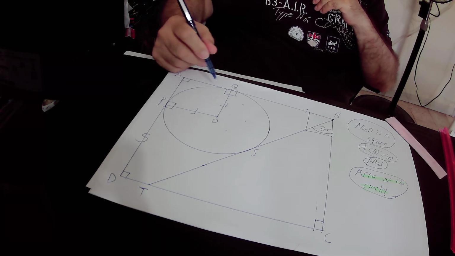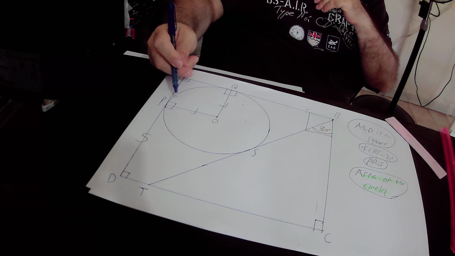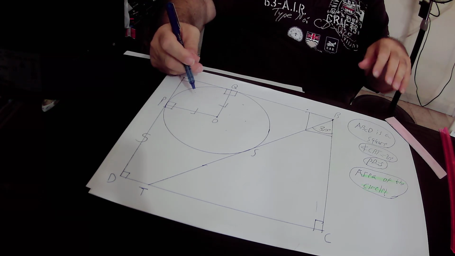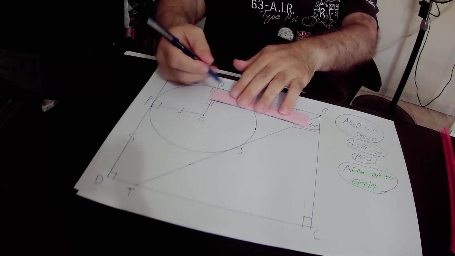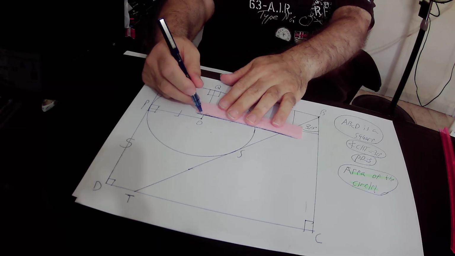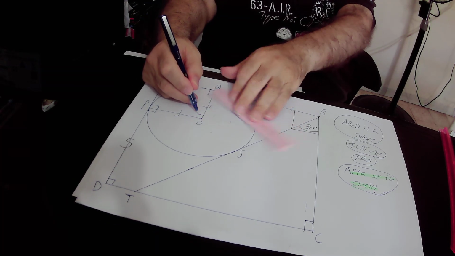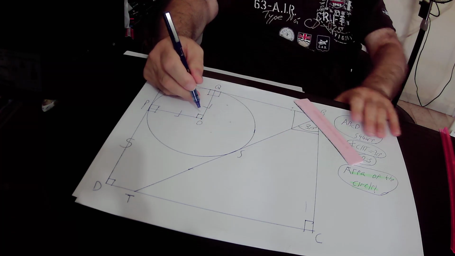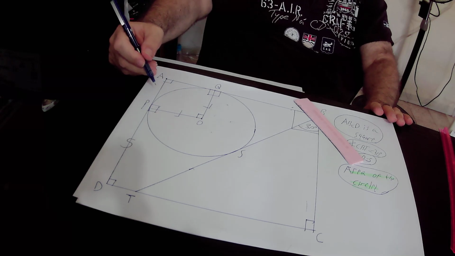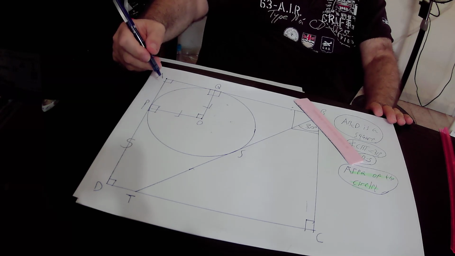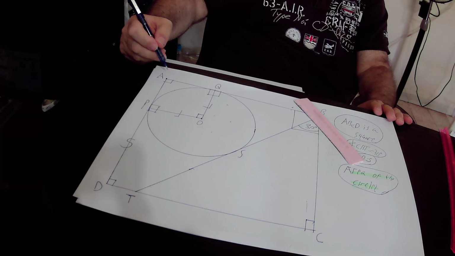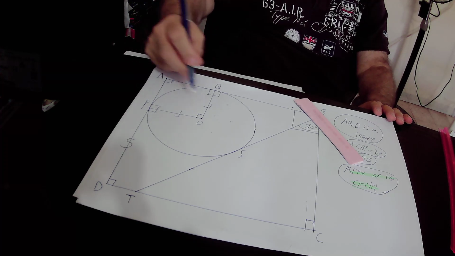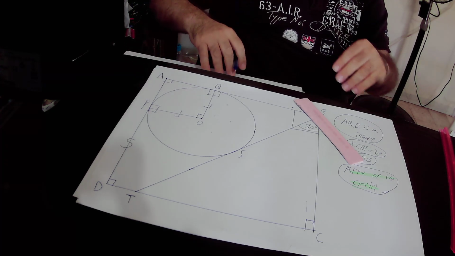So we have 3 angles that are in total 270 degrees, so the fourth angle must also be equal to 90 degrees, because 270 degrees plus 90 degrees is equal to 360 degrees. So we found out that inside quadrangle AQPO we have 4 right angles.